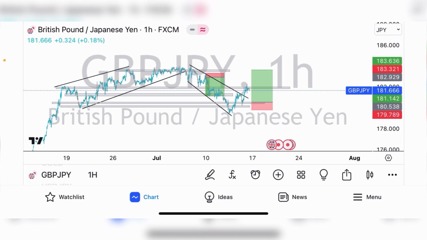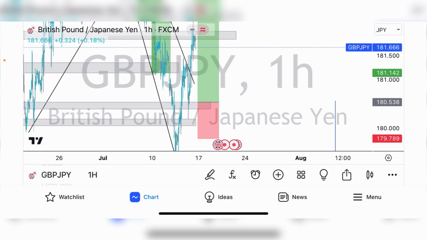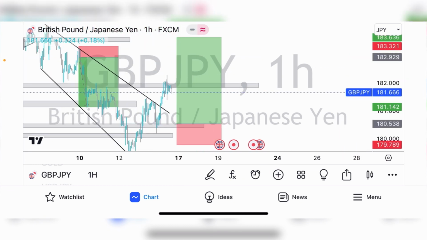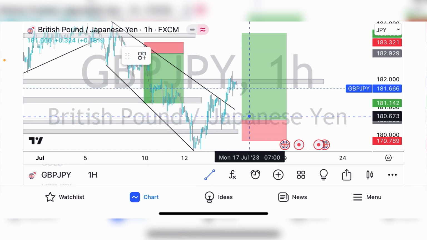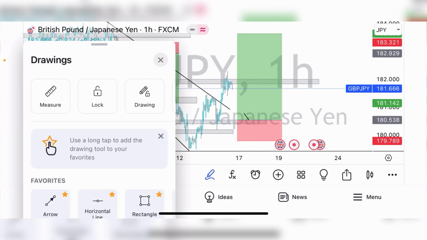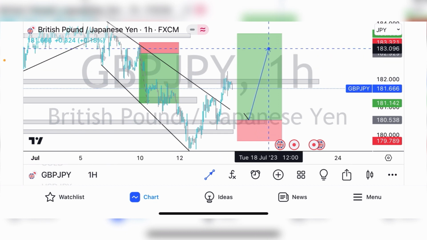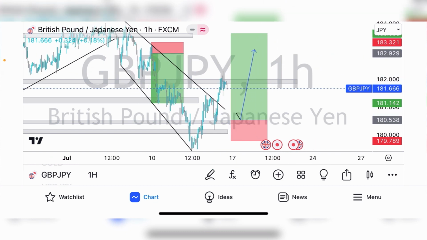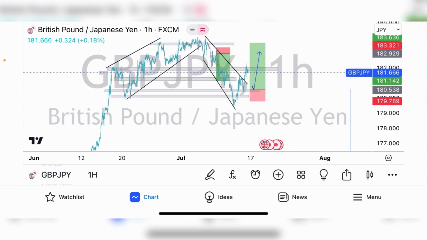So what might happen here is that the market is either going to retest, do a short retest here, a short retest like this, and then we start seeing some bullish moves to the upside.